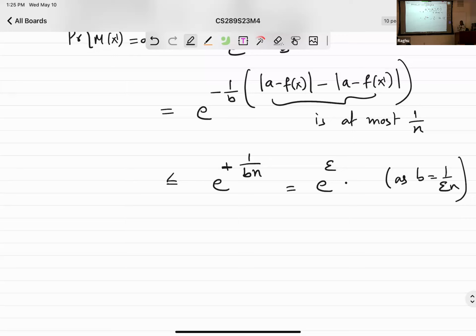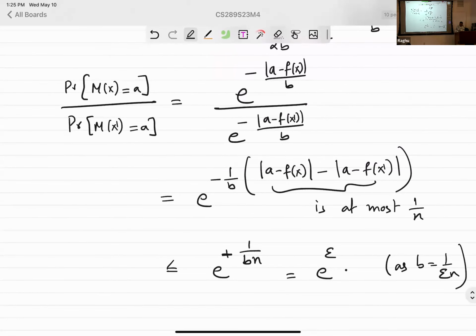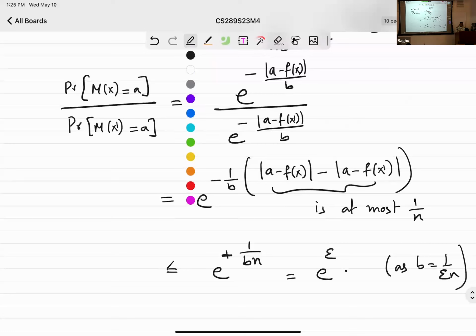Shouldn't this be the ratio of density? No, this is the ratio of the probabilities, right? Probability density function. It's a continuous distribution. Oh, okay, I see what you mean. Instead of writing probability, I should write the PDF. Is that what you mean?